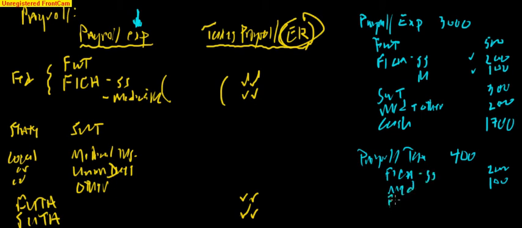We're going to have federal unemployment taxes. Let's just say that's 50. And let's say the state is 50. $400. There's the liability. We've recorded the taxes expense right here. This is the expense. There's the liability. We owe FICA, Medicare, federal unemployment tax, state unemployment tax.